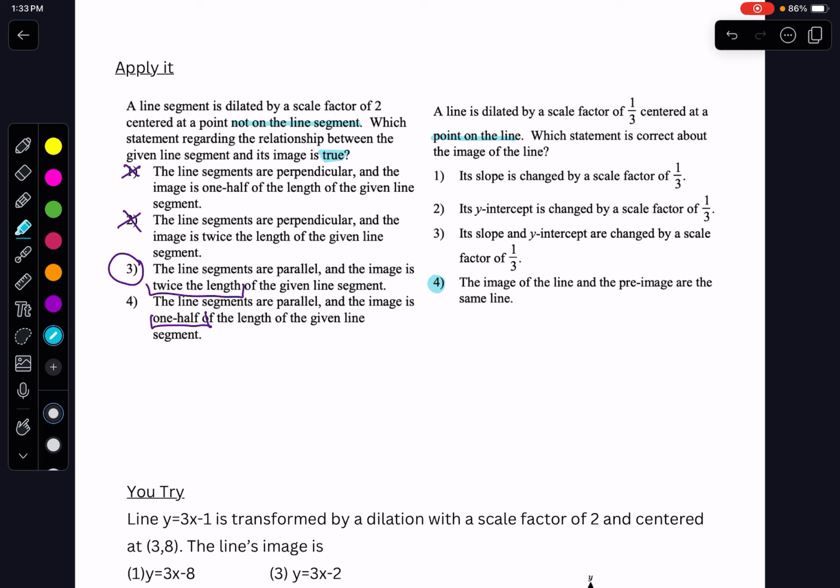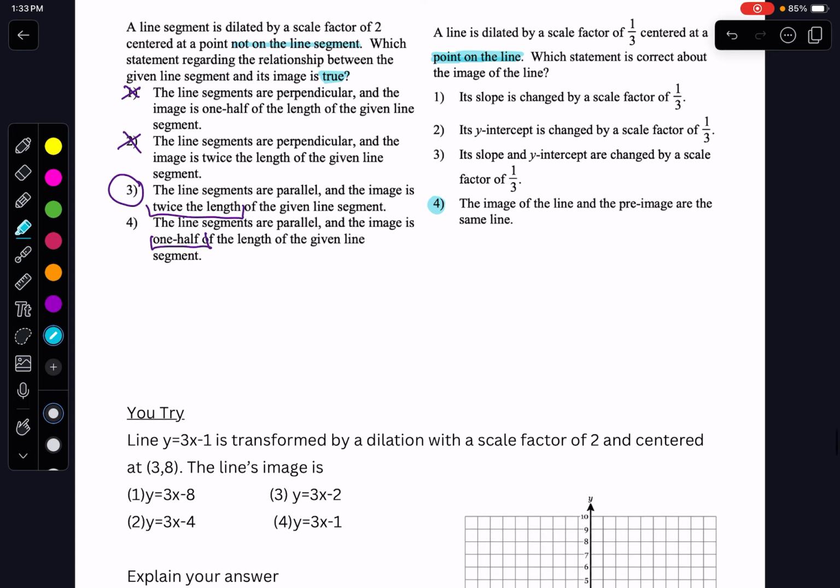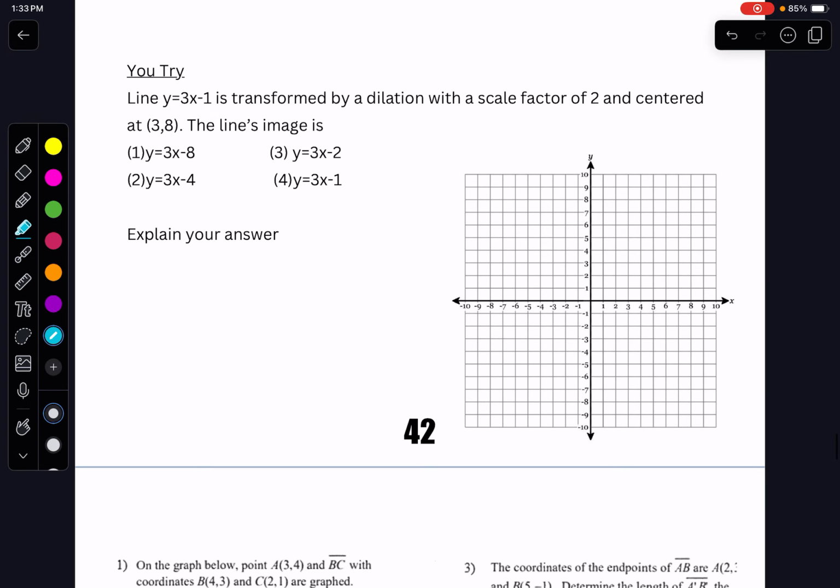That is a tricky thing if you do not remember the 3 different cases. If the point is on the line, it remains the same. Anything else is going to be a parallel separate line. But you need to know that if the center of the dilation is on the line, it is going to be the same line.